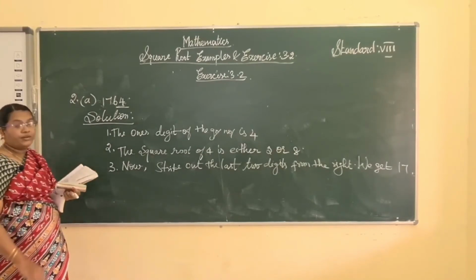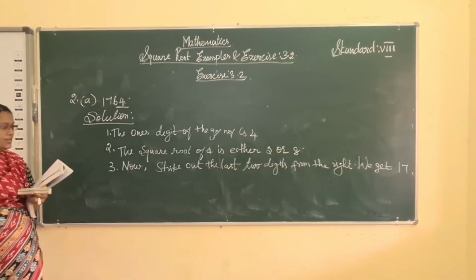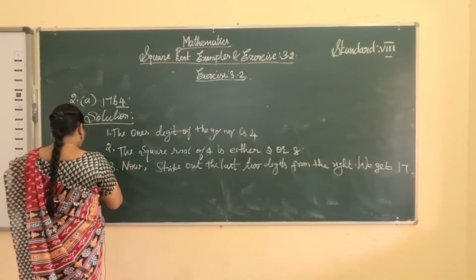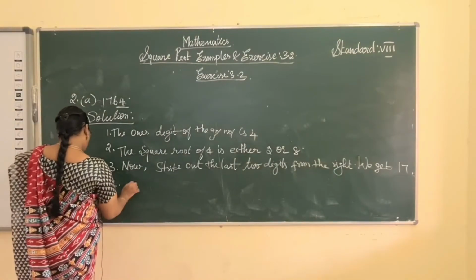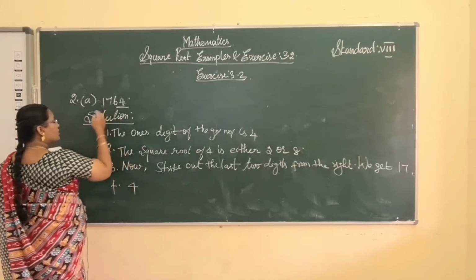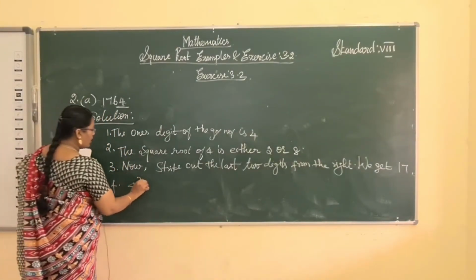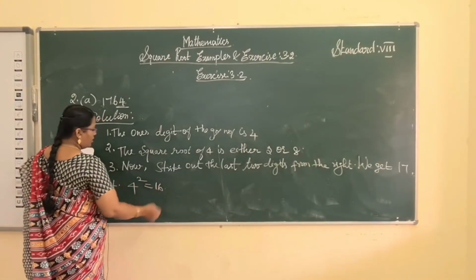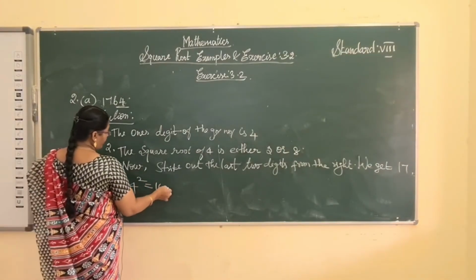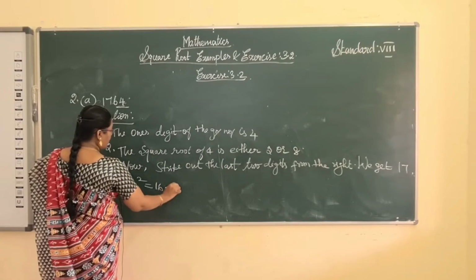So now, the ones digit we already found. Now find the tens digit. So which square is contained in 17? 4 square. 4 square value is 16. So 16 is less than 17.